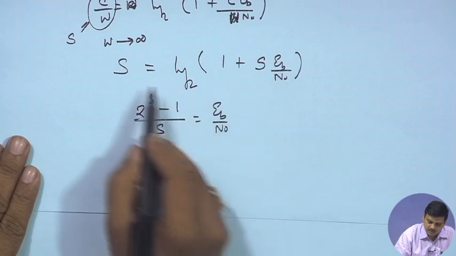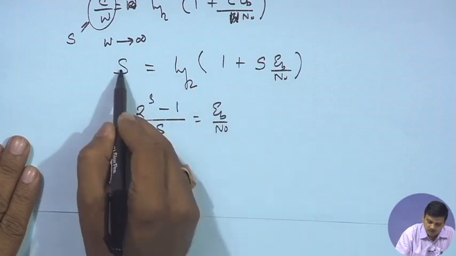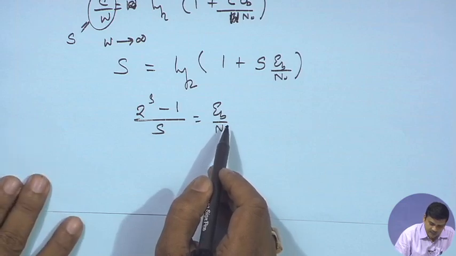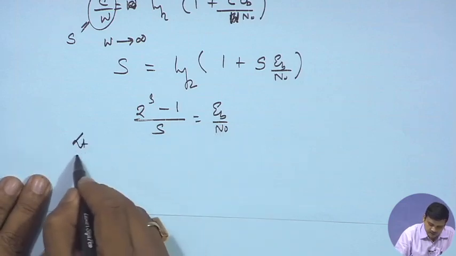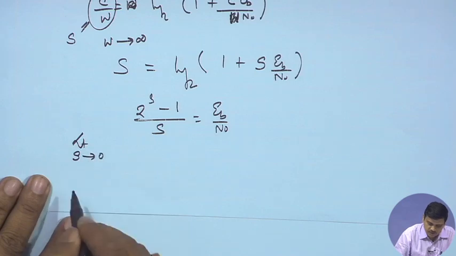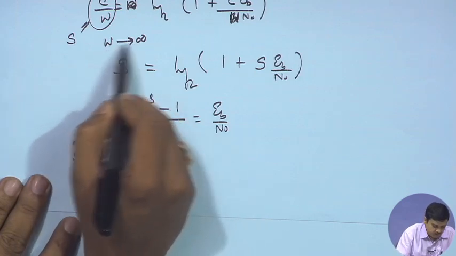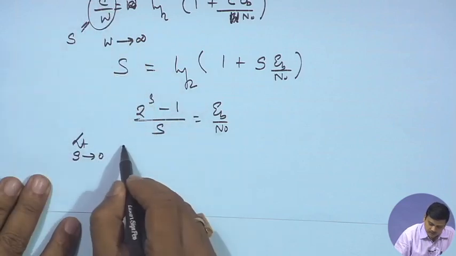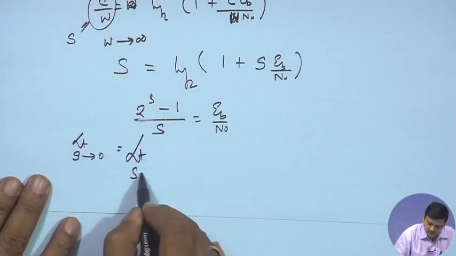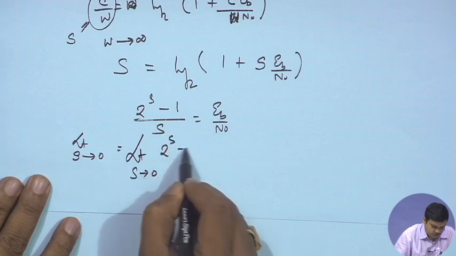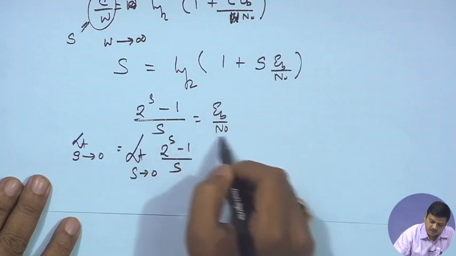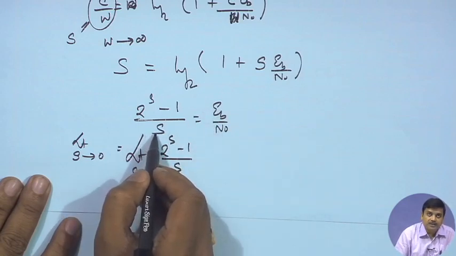At this point, we would like to study what is the limit if S tends to 0. That means, if we let W tend to infinity, we are going to get S tending to 0. So, we are going to find the limiting condition on Eb by N naught given S tends to 0, that means W tends to infinity.